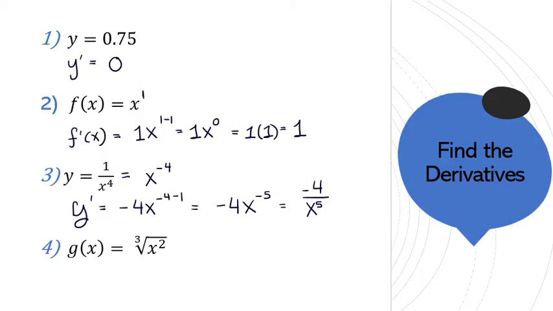And to start number 4, we're going to start the same way. I don't have a rule for dealing with a radical, but I do know that a radical can be written as a fractional exponent. So let's start that way. We have our variable. Remembering the degree of the radical is the denominator of the fraction, and any powers still on it are the numerator.